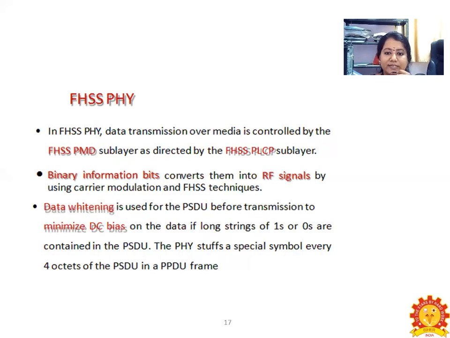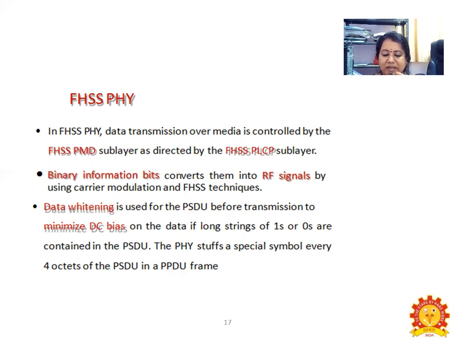So in frequency hopping spread spectrum PHY, the data transmission over a medium is controlled by the FHSS PMD sublayer as directed by the FHSS PLCP sublayer. The binary information bits are converted into an array of RF signals by using carrier modulation and FHSS techniques.